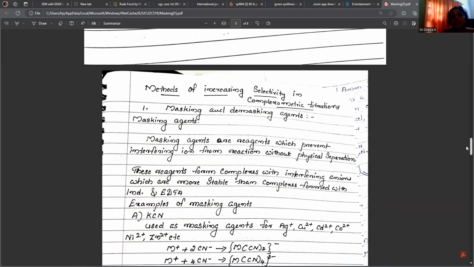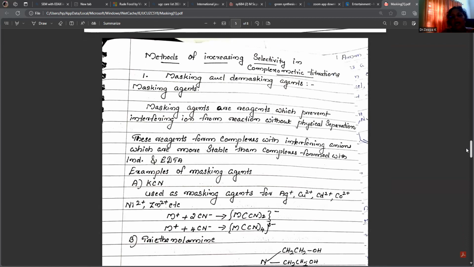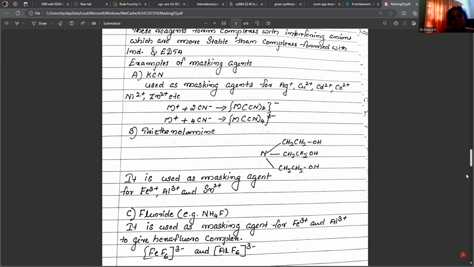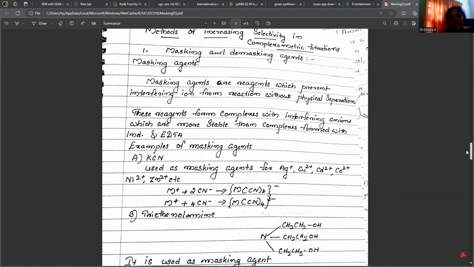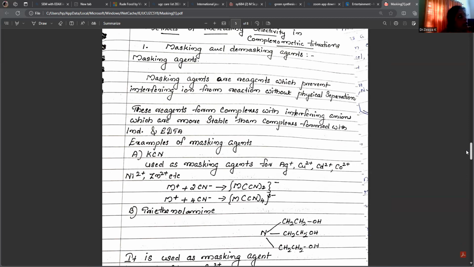Methods of increasing selectivity are done by masking agents. Examples of masking agents: potassium cyanide is used as a masking agent for silver, copper, cadmium, and cobalt.